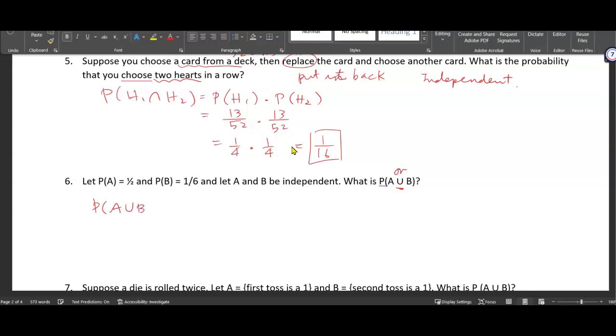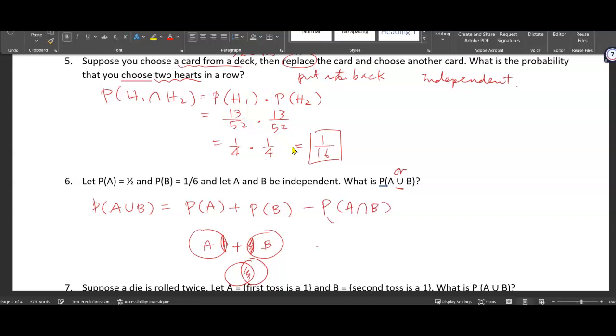That's counting the probability of A, and then counting the probability of B. And if you are counting the probability of A and B separately, there is a danger of counting the overlap 2 times. And so you want to make sure that you subtract the intersection, which is the AND, right?